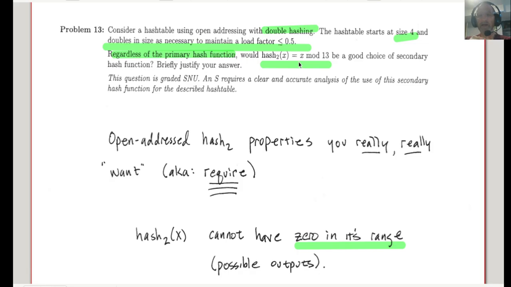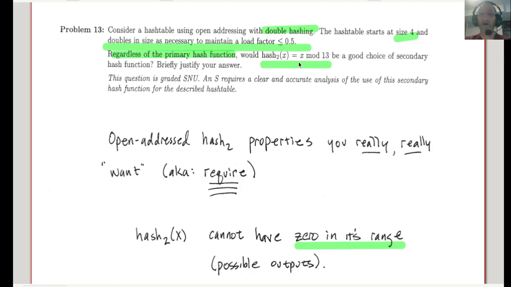The primary hashing function, what properties do we want? We want it to cover all of its range, all possible values in the range in the way of number of bits it can generate. We want it to cover that great big spread as much as possible. We want it to take nearby values and separate them out very far. We want it to use all of the input of what it's hashing.